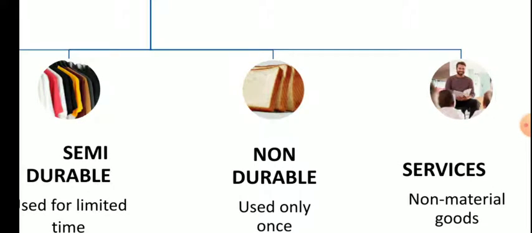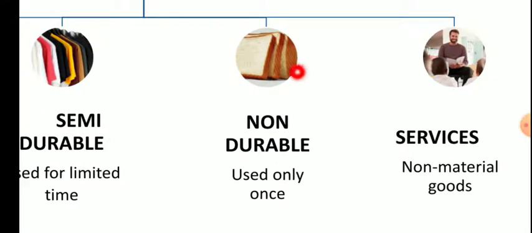Then comes non durable. Non durable, as you can see here in the picture of bread. Its lifetime is very small, the span of life is very small. Once you have eaten that bread, you cannot use it further.